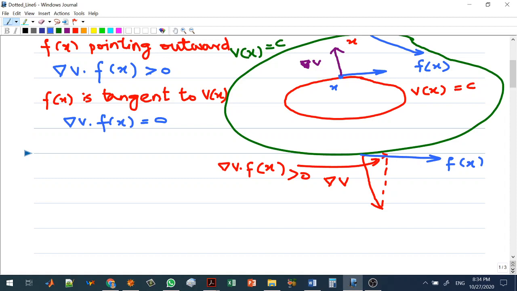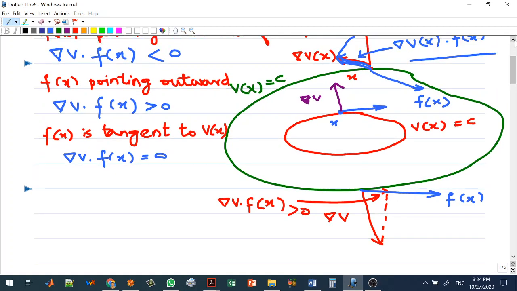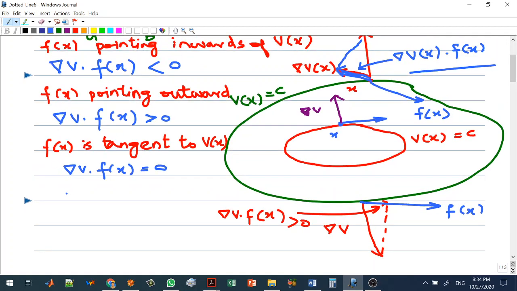Okay. So we have made an important observation over here: if we have a region given by V(x) = c, then the trajectories are going to be trapped inside the region whenever gradient of V dot f(x) is less than or equal to 0, right?